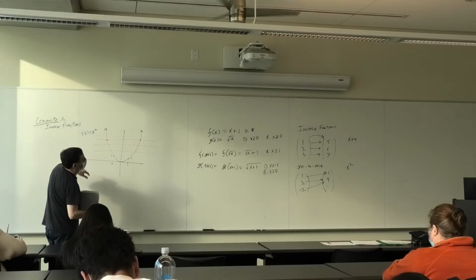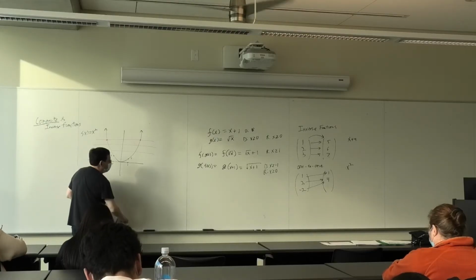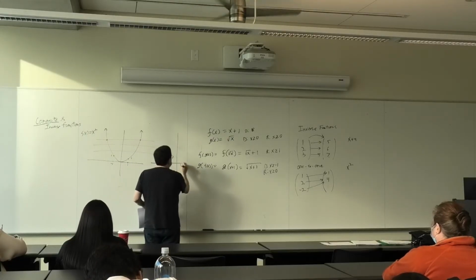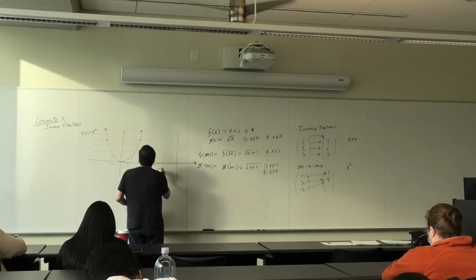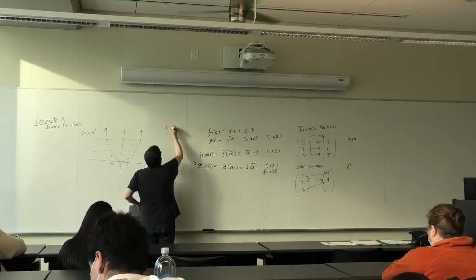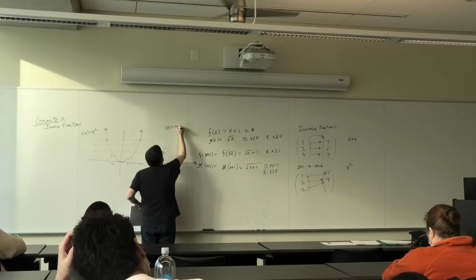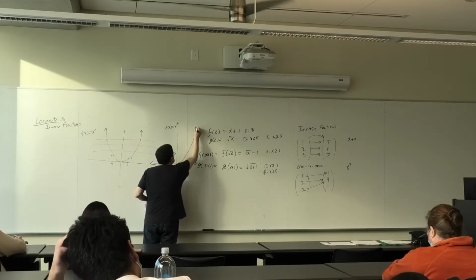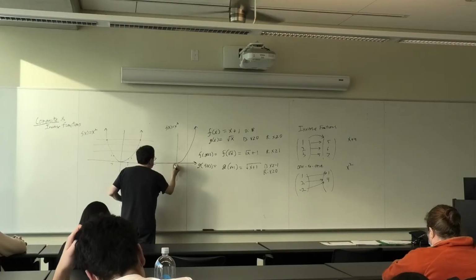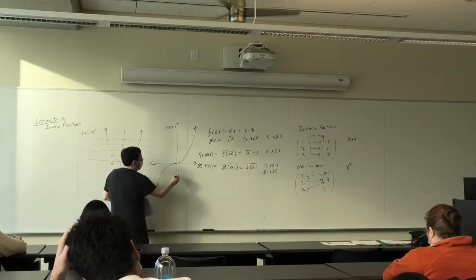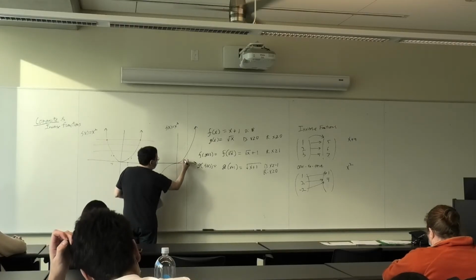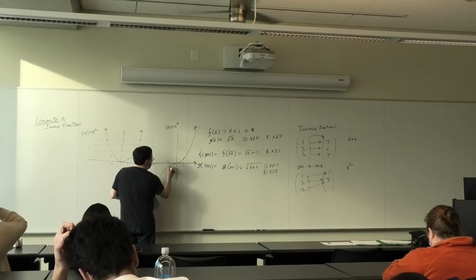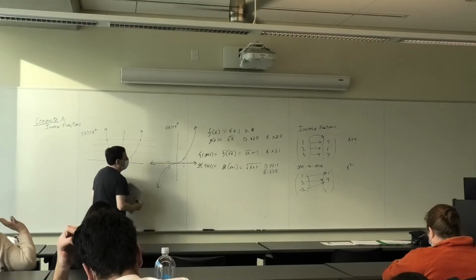This function, however, f of x equals x cubed, is a 1 to 1 function. Kind of looks like this. So if I have a point here, 1 goes to 1, -1 goes to -1.